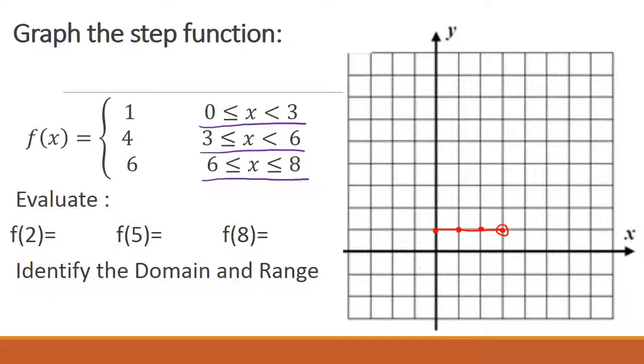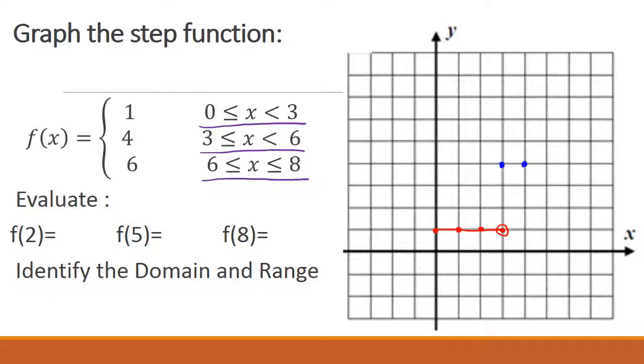Now, for the second piece, f of x equals 4, which means y is equal to 4 for every single x between 3 and 6, including 3, not including 6. If I start to graph the second piece, I'm going to start at x equals 3. For x equals 3, the y is 4. X equals 4, the y is 4.